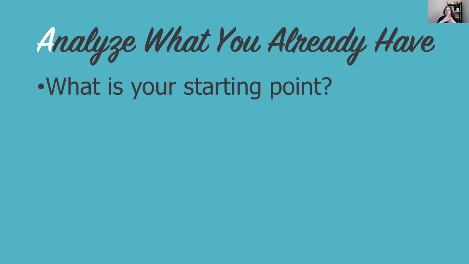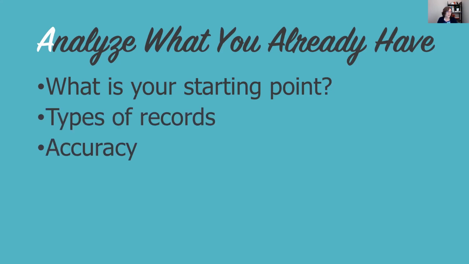Because it's pretty rare to just be dropped in the middle of a research situation where you don't have anything about that person. What do you already know? What sources have you already gathered? When you're in this phase of analyzing what you already have, think about the types of records that you have, as well as their accuracy.